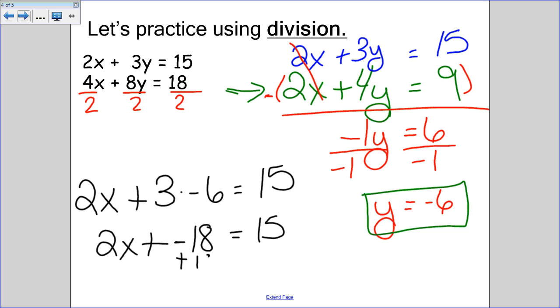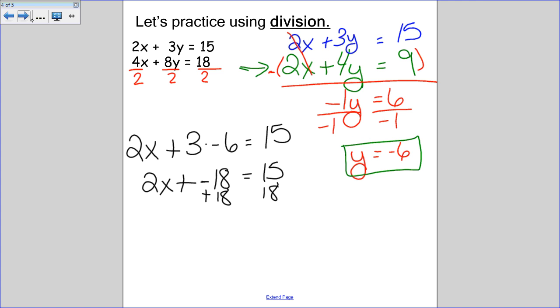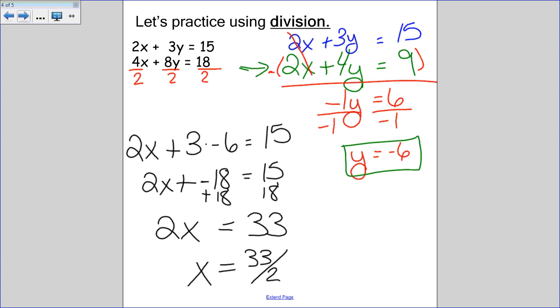If you add 18 to both sides of our equation, we are going to have 2x equals, what's this going to be? Look closely. Good, 33. And x will equal 33 halves.